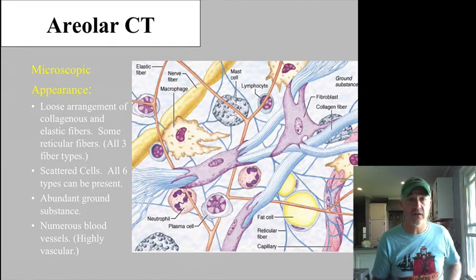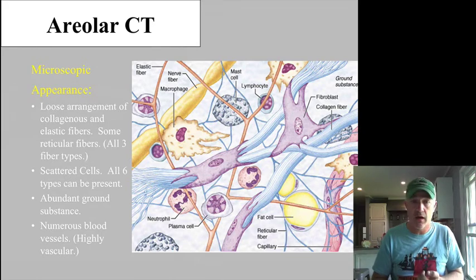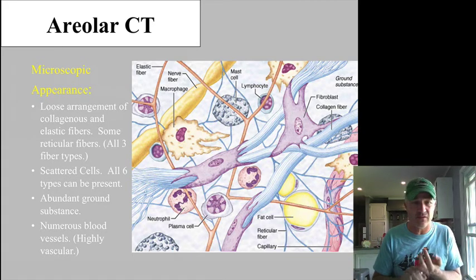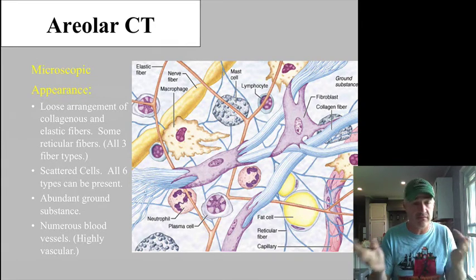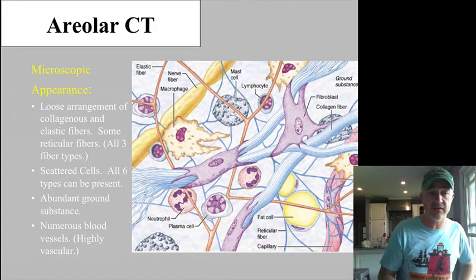Areolar connective tissue, like I was saying before, is mainly space, has some of all those different fiber types we've talked about, but mainly you're going to see a lot of collagen and elastic fibers, some reticular fibers in there. A lot of those different cell types we're going to talk about are present, but if you really looked, you'd notice lots of fibroblasts, lots of immune cells spread throughout. But again, mainly lots of ground substance.